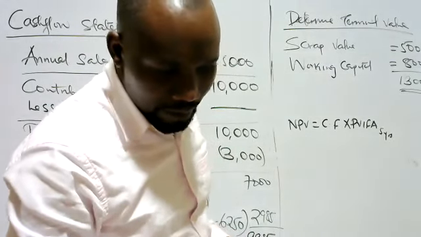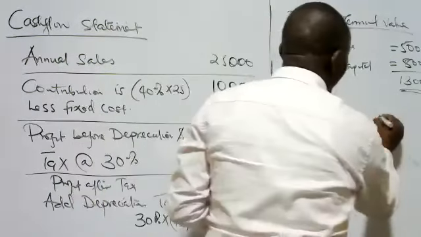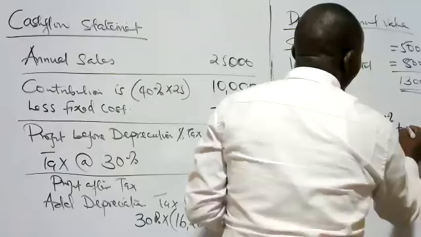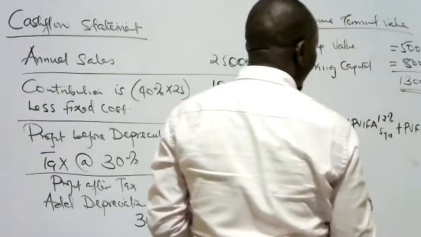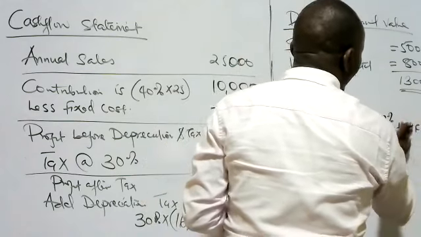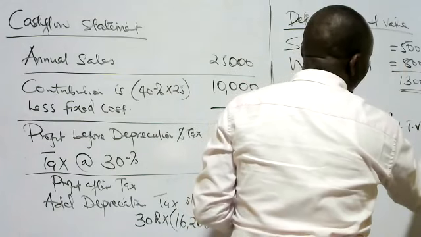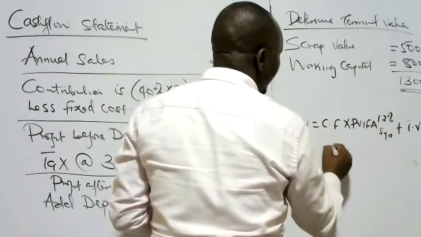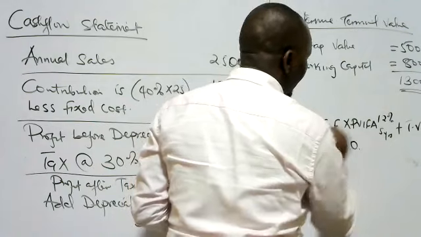What percentage? We are told that the cash flow is 12%. So we have 12% plus PV of the terminal value. So we have terminal value times PV. Then we have minus the initial outlay, which we have calculated.